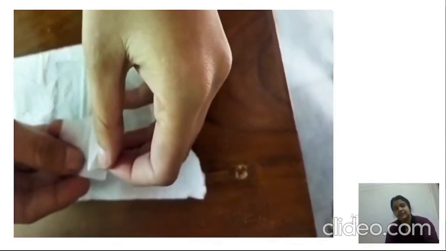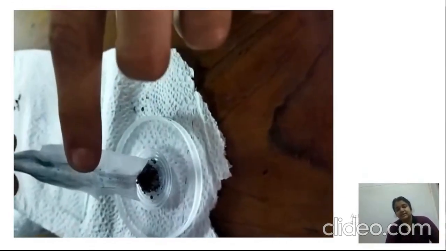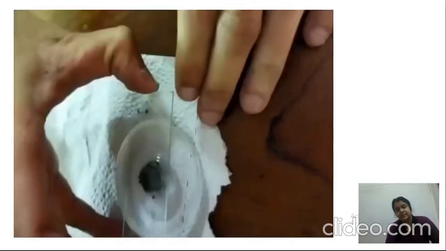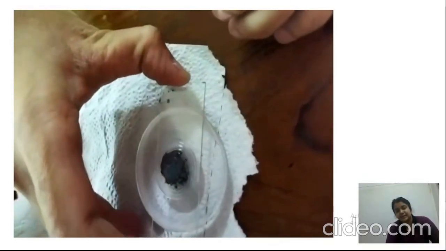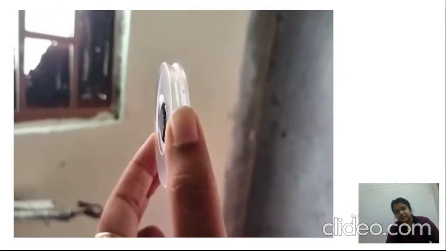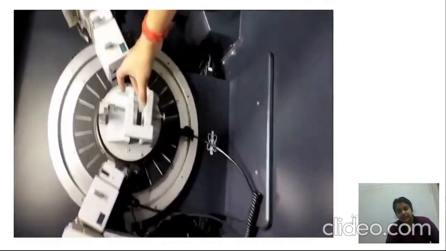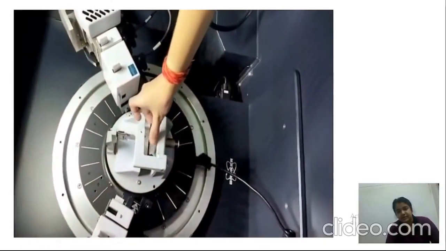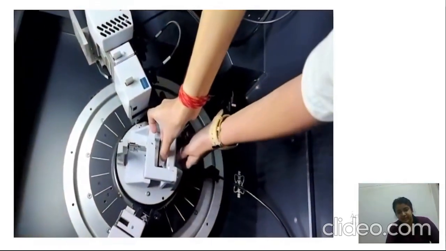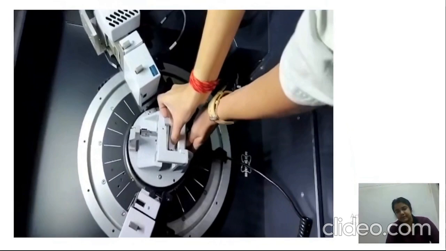This is the sample. In this manner, the sample should be placed at the center of the sample holder, and by placing it very carefully, the upper surface of the sample should be smooth, and then it is inserted onto the sample holder of the X-ray diffractometer, and then it should be adjusted very properly.